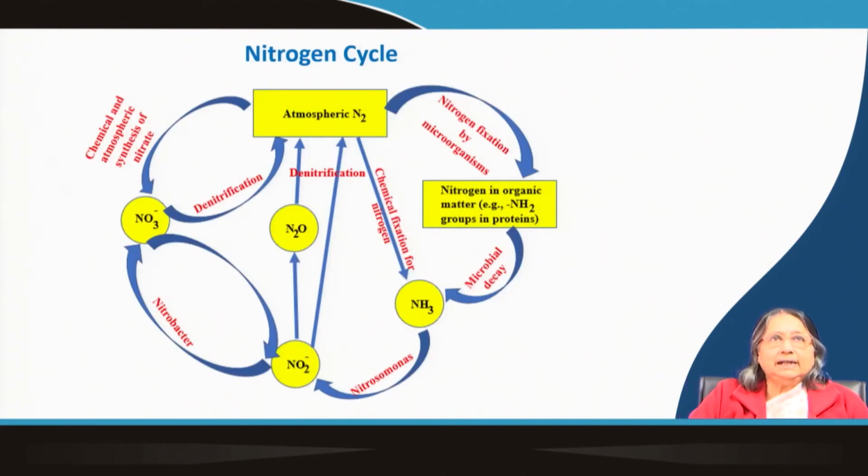But this is the mechanism, or briefly I can tell that these things are happening. Now nitrogen cycle, nitrogen fixation, I told you what is nitrogen fixation. Now the nitrogen cycle is a similar thing shown in a different way.